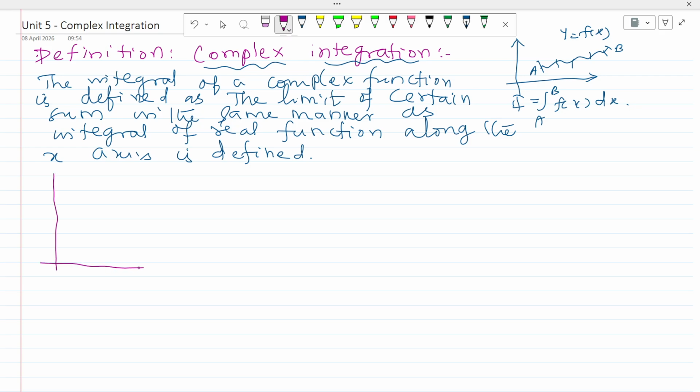So here I take the coordinate system xy and then take two terminal points A and B. Here I am taking that A is some P0 and then B is some Pn.